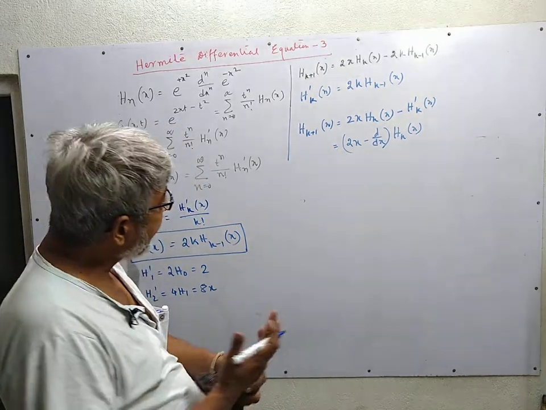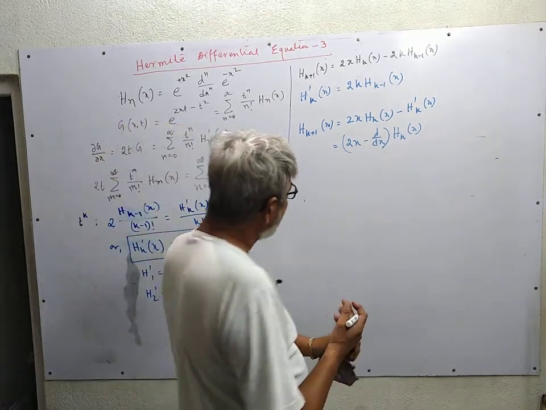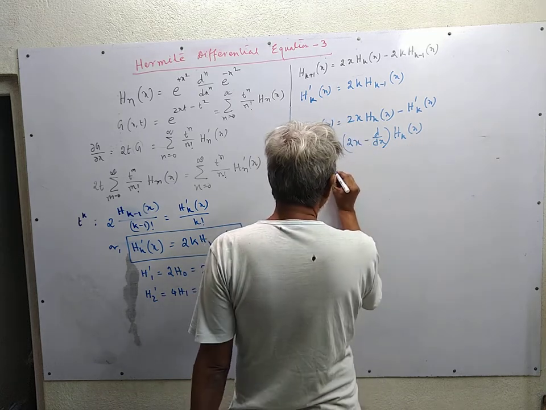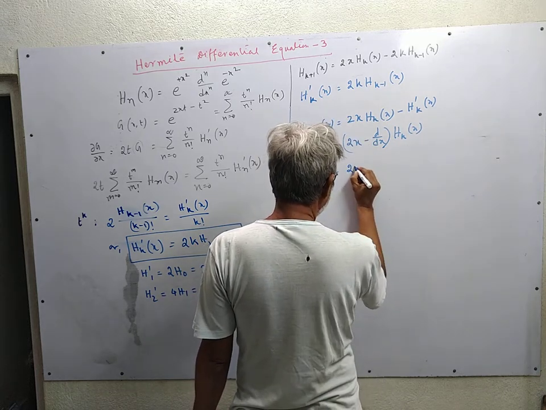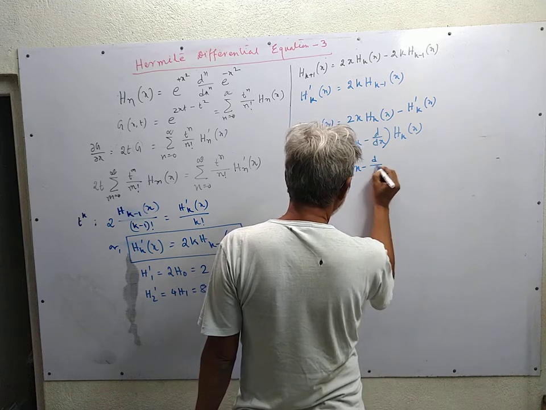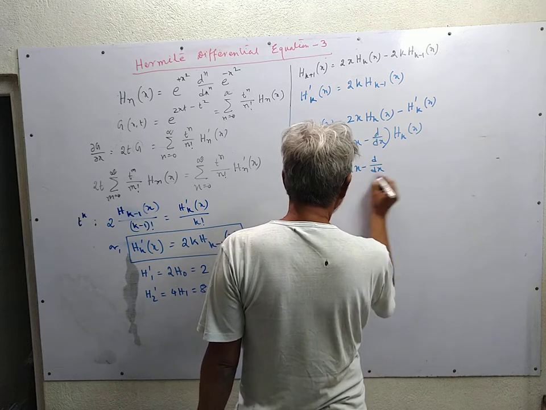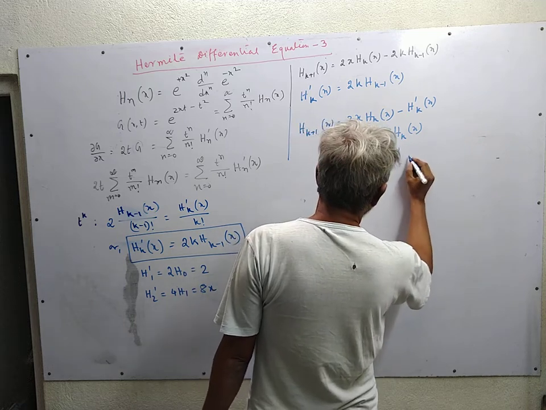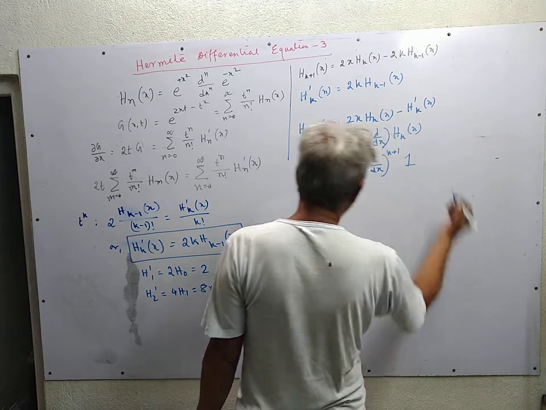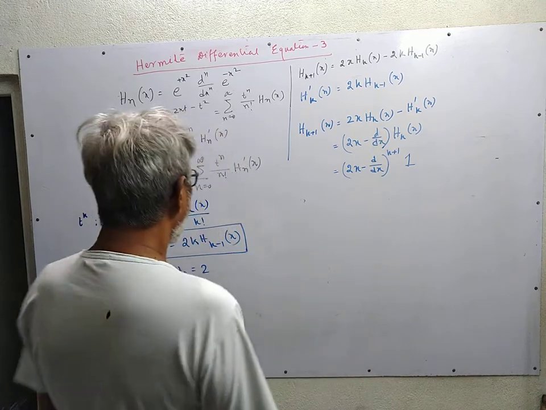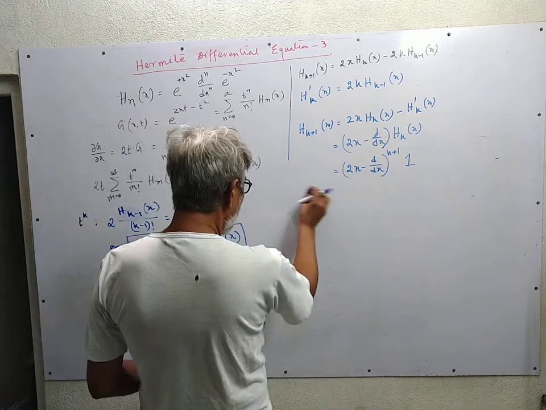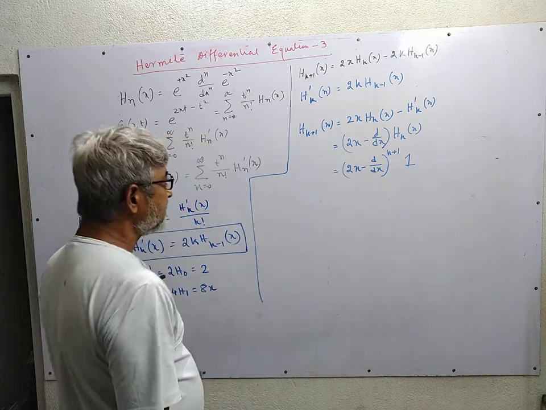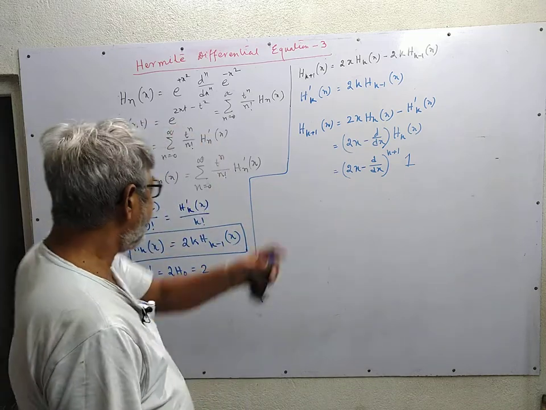We know that h0 is 1, so we can write it as this. This is another Rodrigues type formula for Hermite polynomial, and it is very useful in calculating Hermite polynomials.